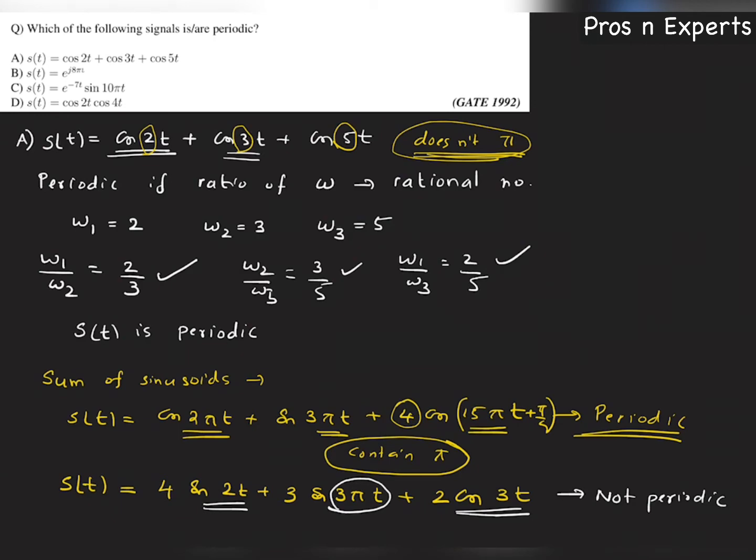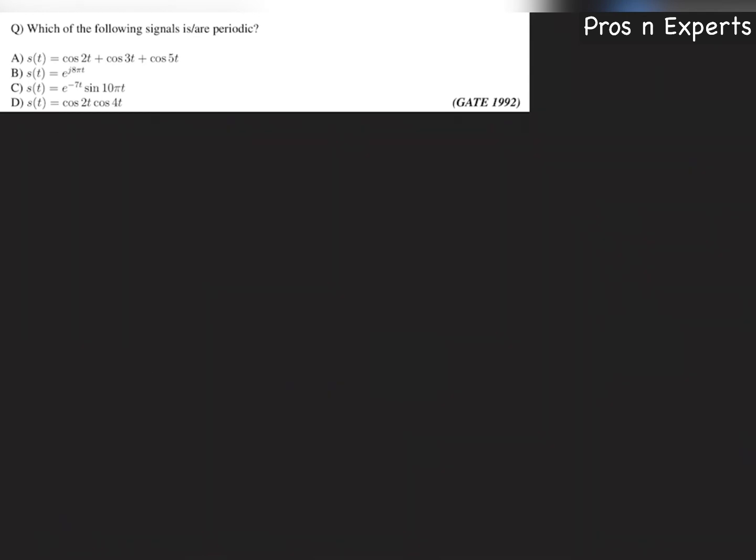Now what about option B? We got option A is periodic. Option B, S of t is equal to e raised to j 8 pi t, and we know that e raised to j 8 pi t is cos 8 pi t plus j sine 8 pi t.